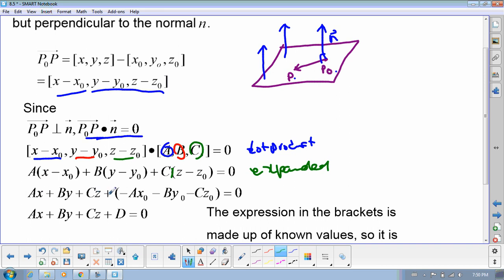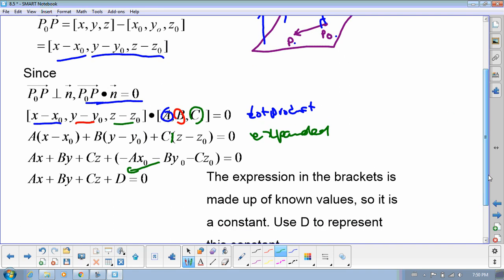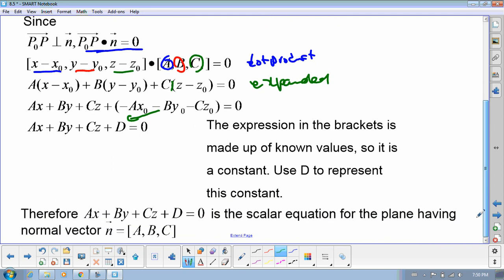You can see that it's starting to look a lot like the standard form, or scalar form. So I have Ax plus By plus Cz plus Ax naught minus By naught minus Cz naught equals 0. This expression right here represents the D. We know what these numbers are, so we can always figure out what this D value is.